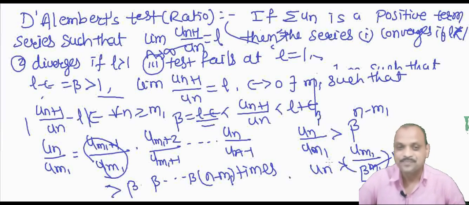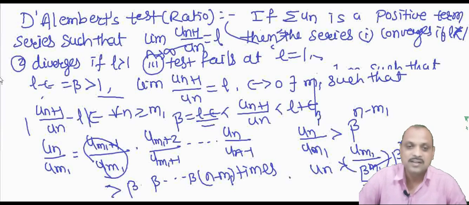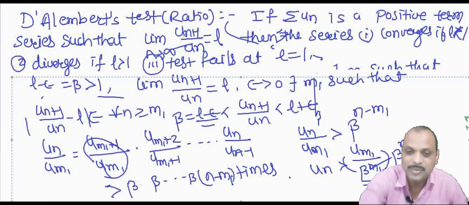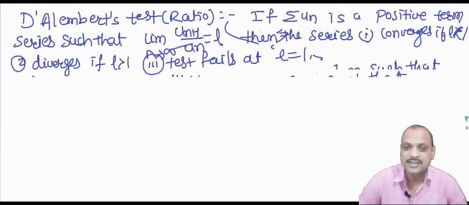Now see how this test fails to give definite information at L equal to 1. Again come to our familiar series, 1 divided by n and 1 divided by n square.